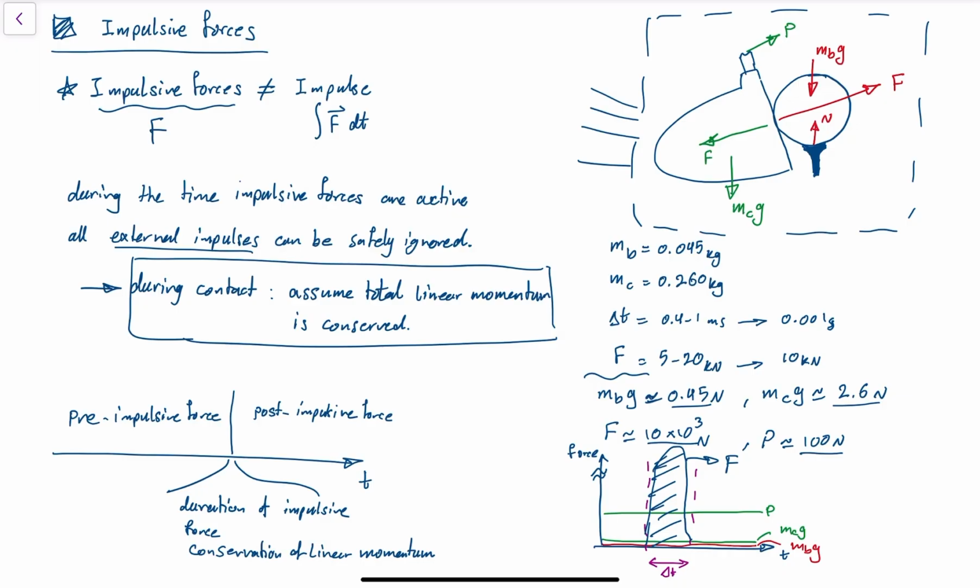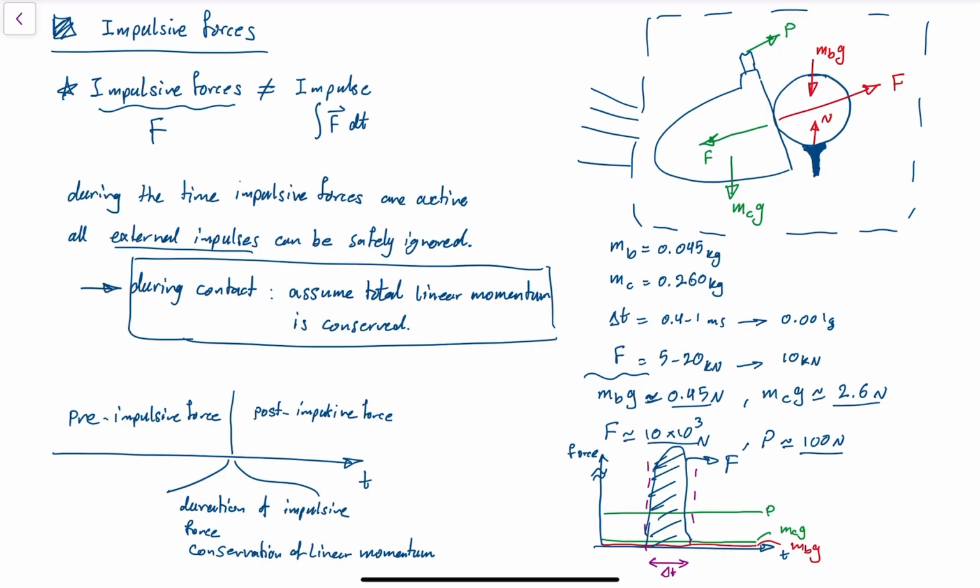Okay, so that is all I wanted to say about impulsive forces and what happens during impulse. The only thing that remains is what constitutes an impulsive force. I gave you one example, the contact force, but what are other examples? In general, any force that is very large but short-lived is an impulsive force.